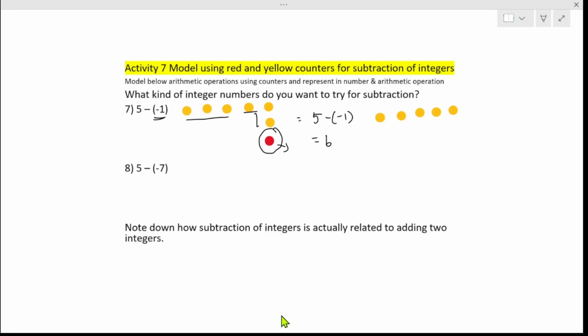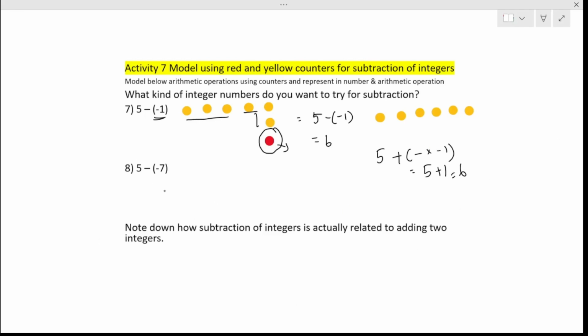But here let's understand that minus times minus is a plus. And so you are adding a 1. So basically it is thought of as 5 plus minus times minus 1. So it is nothing but 5 plus 1. So you are just adding 1 yellow counter here, and therefore how many in total? 5 plus 1 is nothing but 6.